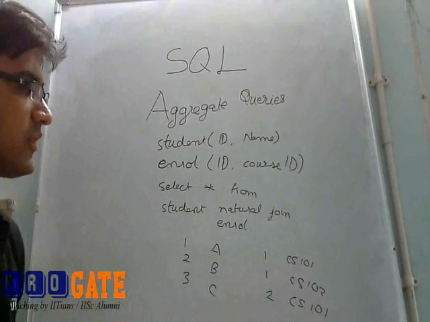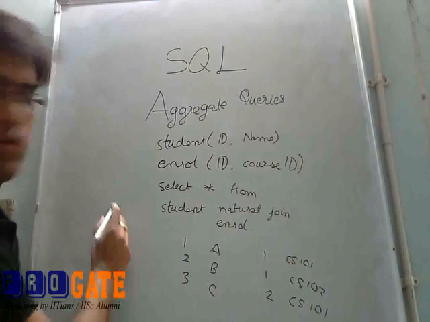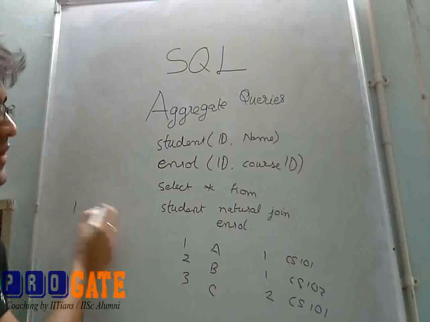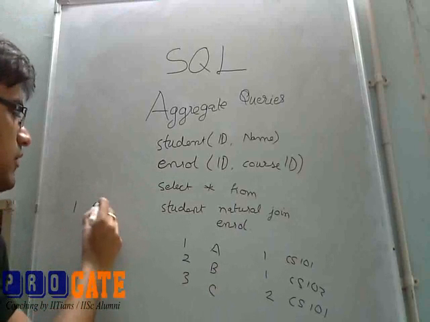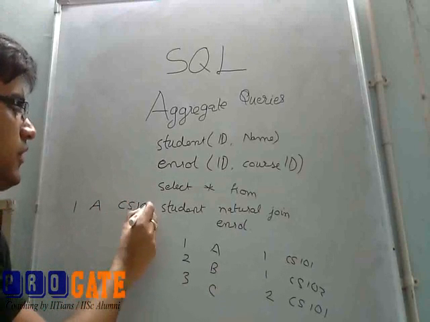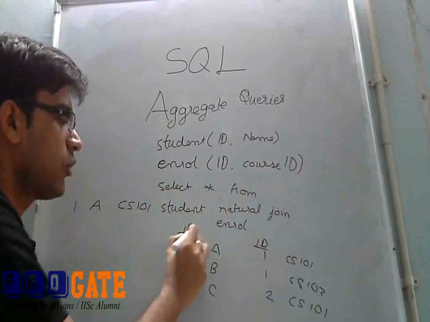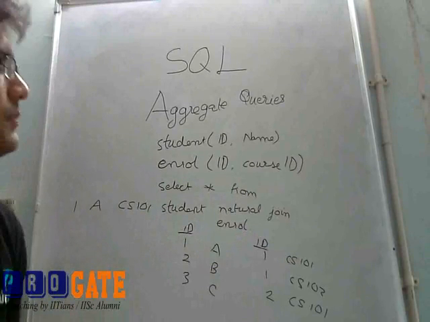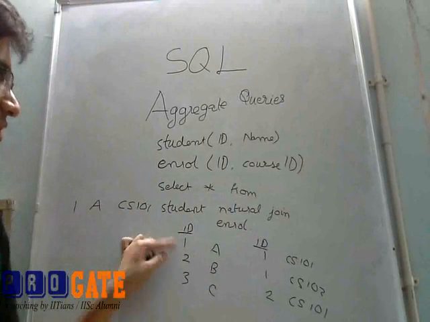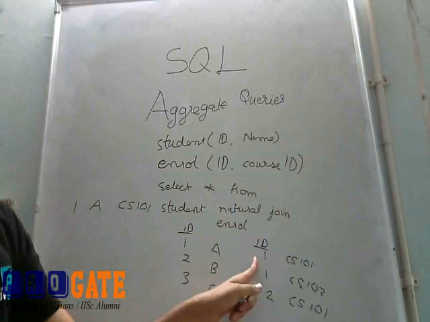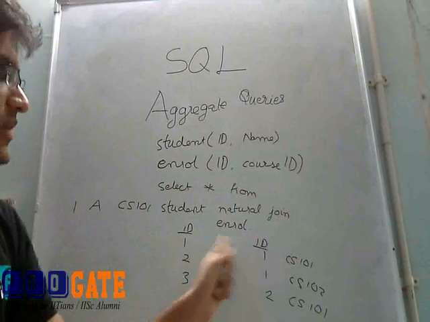So the result of the join operation would be something like 1 A CS 101. This is the ID. The ID column is the column in both of the two tables. It will check if this ID value is present in this table. If yes, then both the rows are selected.